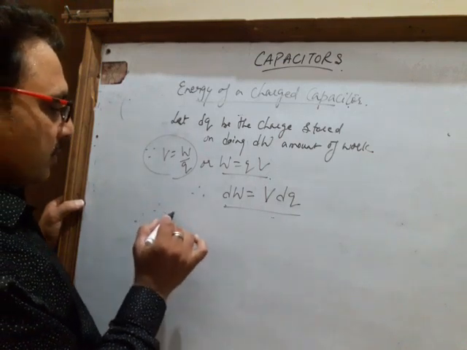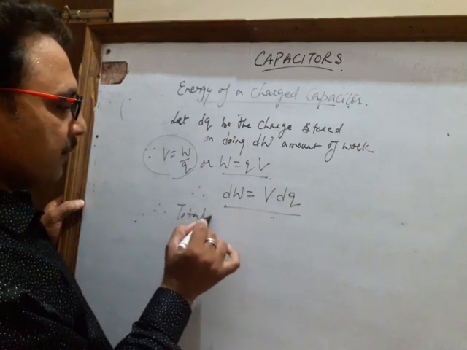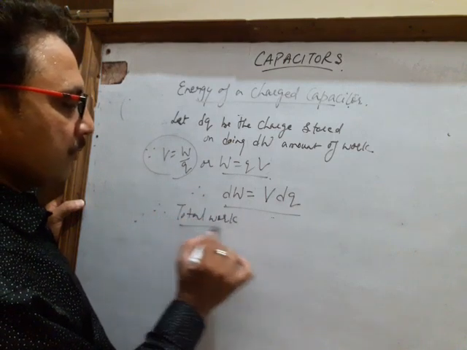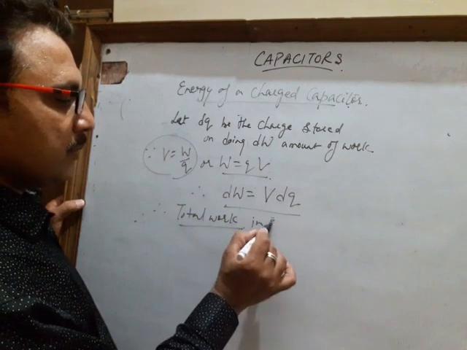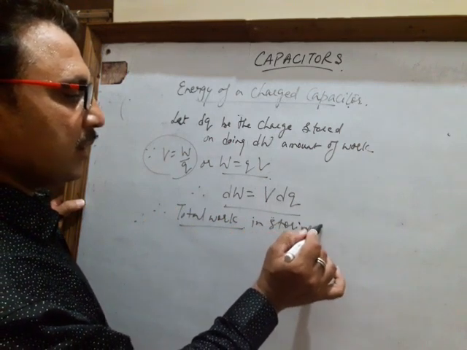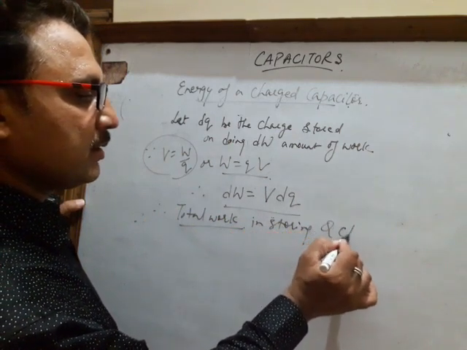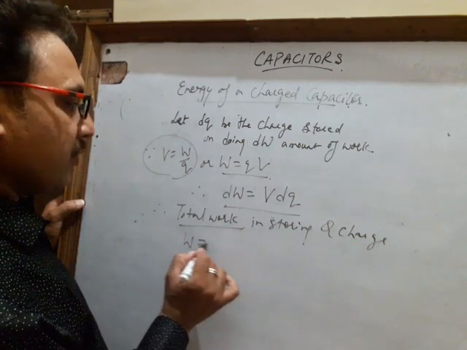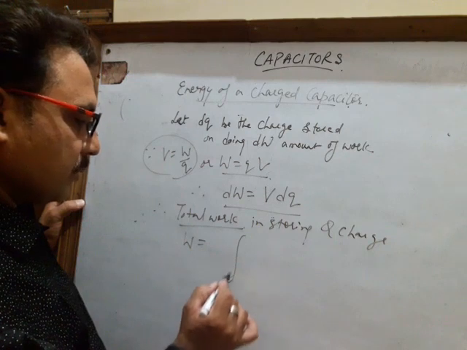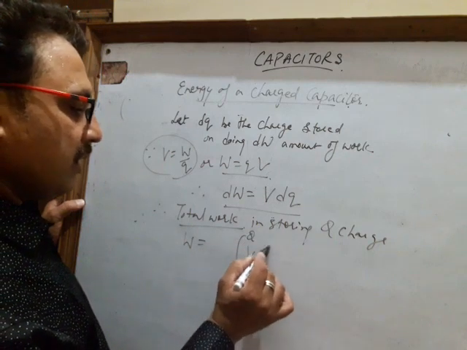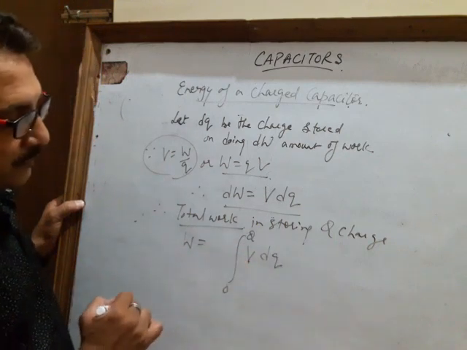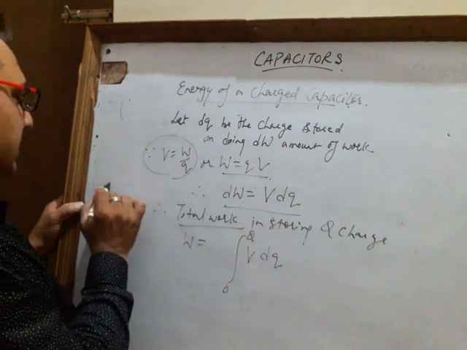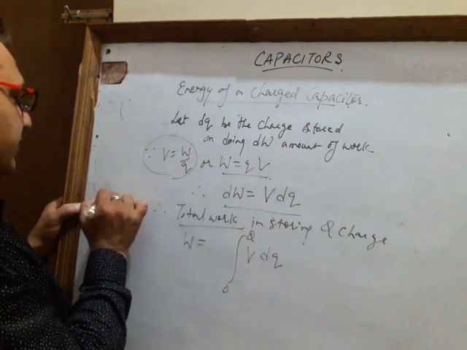Therefore, total work in storing q amount of charge will be W equal to integration between the limits 0 to q of V dq. Now from the formula of capacitance, what is V?